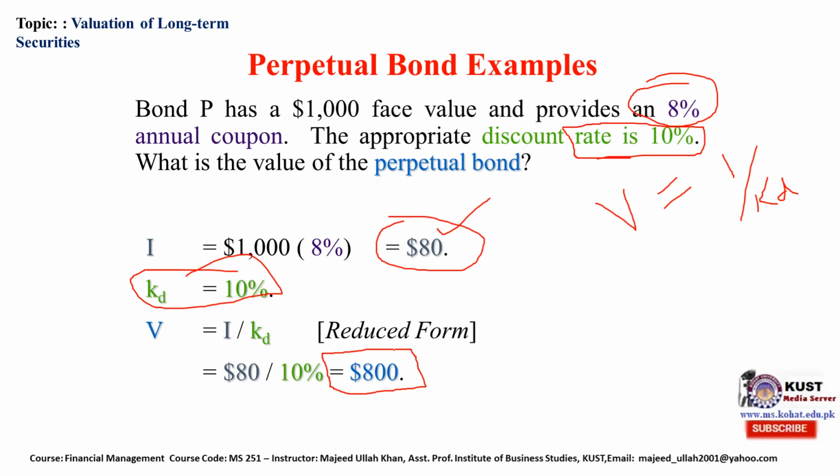Means you are willing to pay 800 for the bond in the secondary market that has 1000 face value, because of your required rate of return. So the bond is selling at a discount in the open market. It has a face value of 1000, but the intrinsic value is $800 upon calculation by the valuation formula.